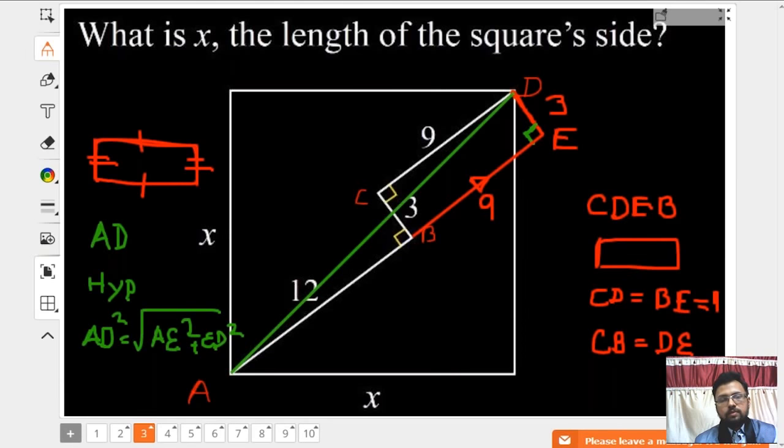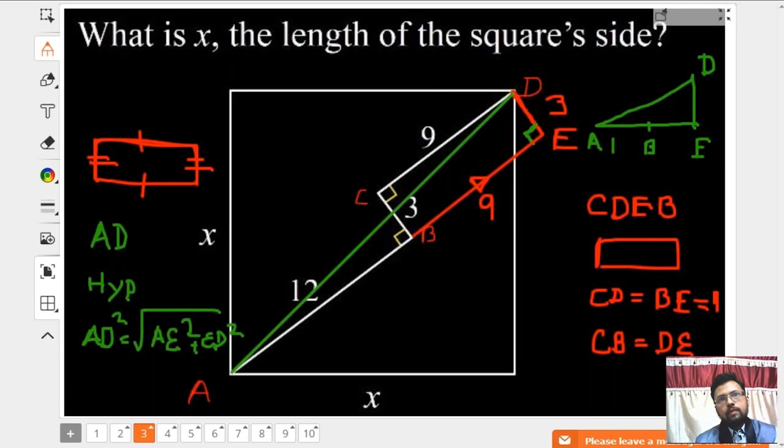Is this clear? Just go through the diagram again. So AD square is equal to AE square plus DE square. Now what is AE? AE is AB plus BE.